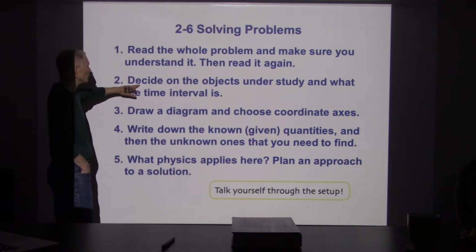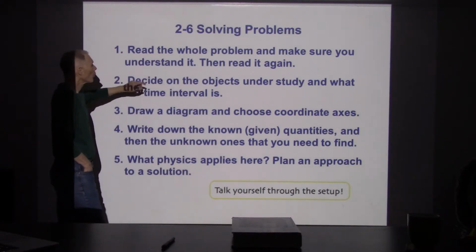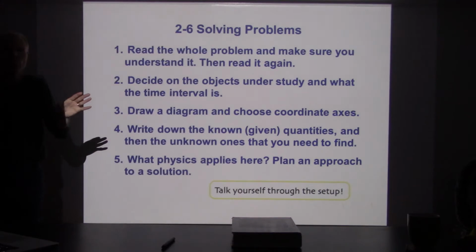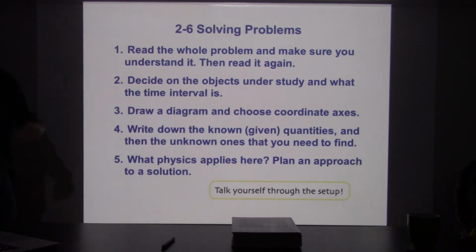Decide from your reading of the problem, which objects are we really looking at? Like in those earlier examples, we were looking at cars speeding along the highway. We weren't looking at the highway, right? We were looking at the cars and the motion of the cars in particular.